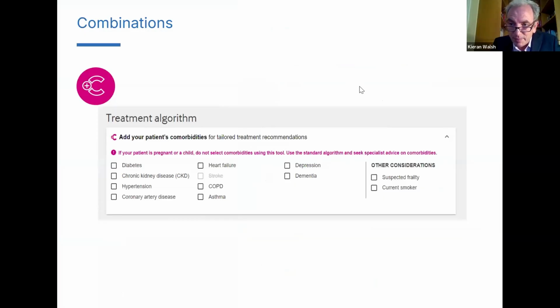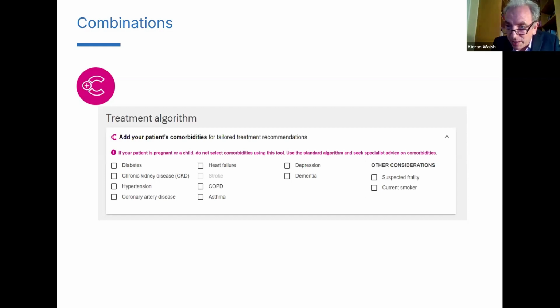How it works is you have a patient with an acute condition, maybe COPD, and you can add one or more of these chronic comorbidities to the patient's treatment algorithm. As you can see, the comorbidities mentioned here are all common, important, high-cost chronic conditions, from diabetes through to hypertension. They're common around the world, and we know that they're common in Mexico as well.